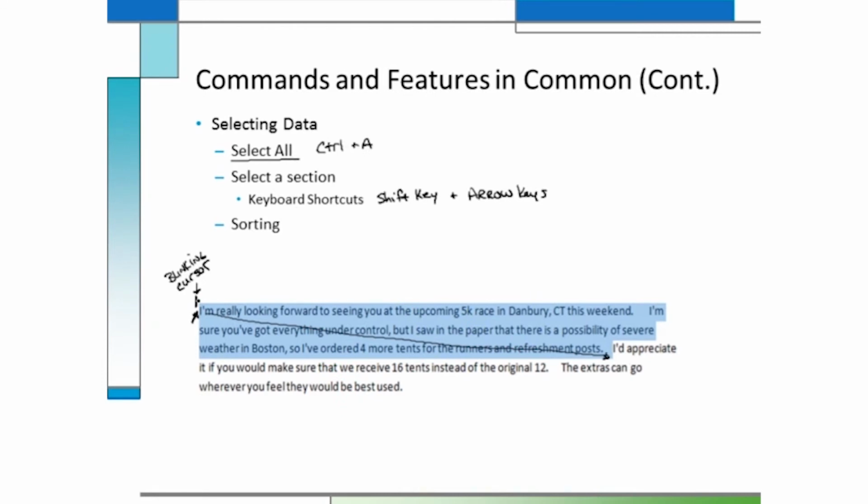And again, if I was wanting to select this one, I would start basically with clicking here to get my cursor. I would use the down arrow to get down to this line, and then use the right arrow to basically continue to highlight all the way to the end of where I wanted my selection. And then let go of the arrow keys, let go of the Shift key, and you have that information highlighted.